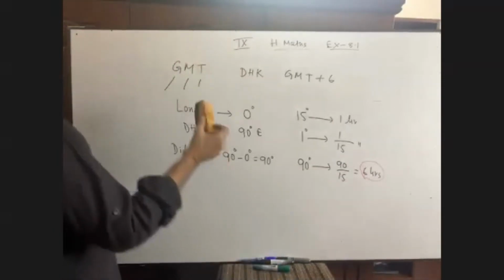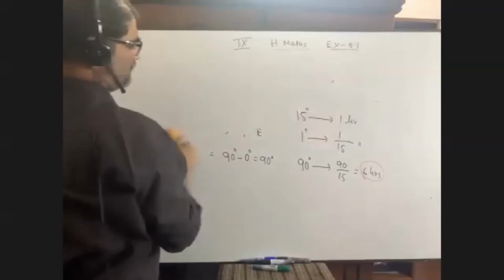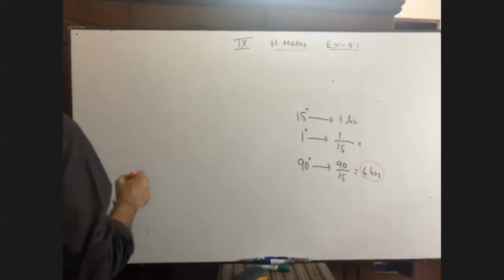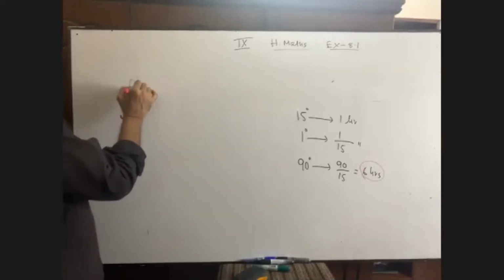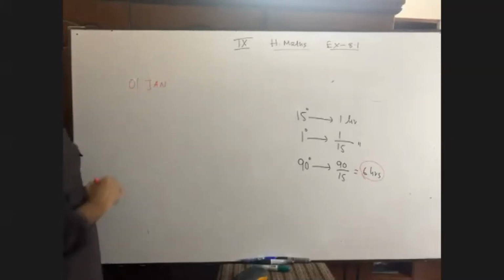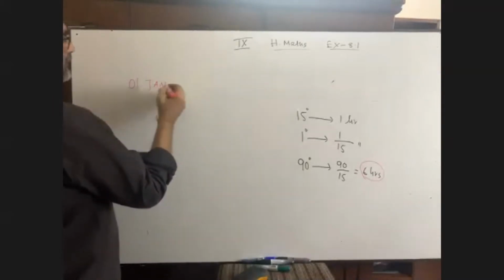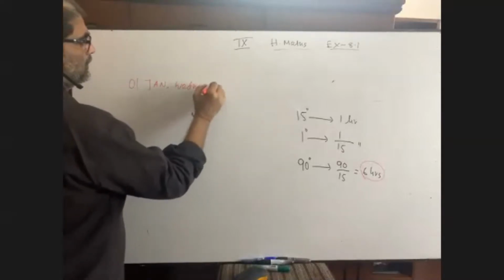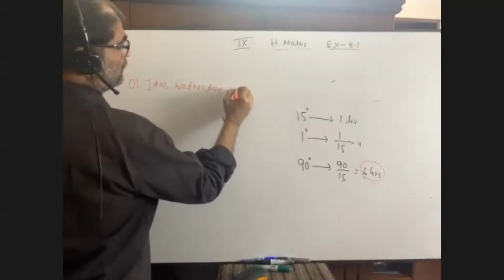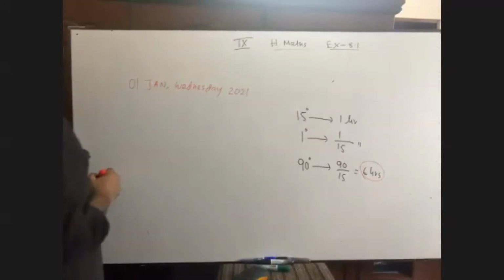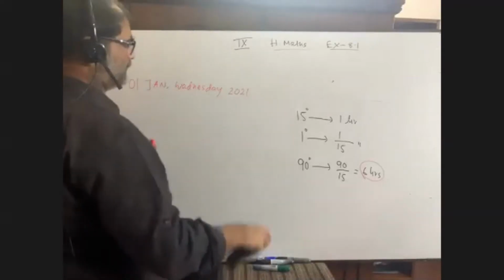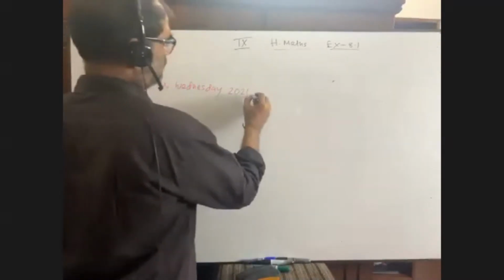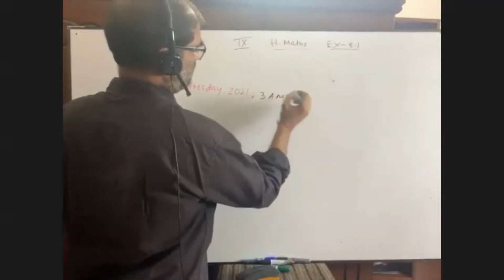That means, I'm writing a time, an example I'm giving you: 1st January 2021, Wednesday, time is 3 a.m. in Dhaka.